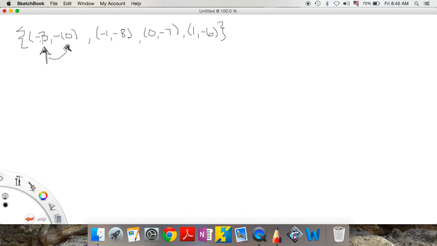So we look at this, and how do I get from -3 to -10? Well, I could subtract 7, right? If I subtract 7, that gets me there. Well, let's look. Does that work from here to here? -1 minus 7 is -8. That does work. And 0 minus 7, that gives me -7. 1 minus 7 gives me -6.